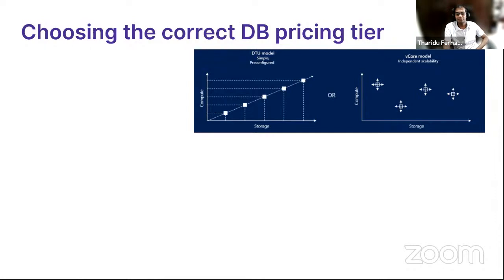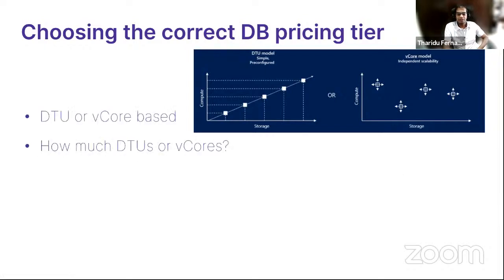You need only 30 GB, but you need like 300 DTU. It's a waste of money to go for a large DTU because you are not actually using the storage. In that case, it's better to go for the vCore model that they introduced, where you can tweak the storage versus compute. You can say what vCore level you require, how many vCores you need, or how many GBs you need for your storage.